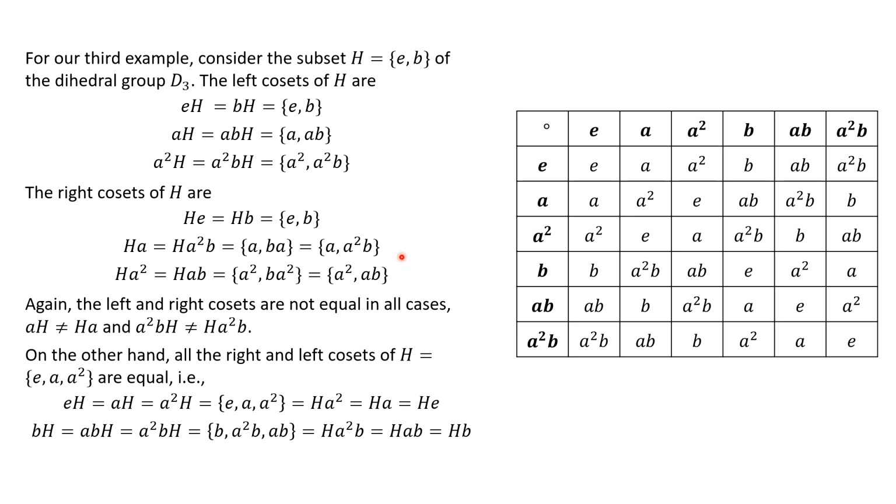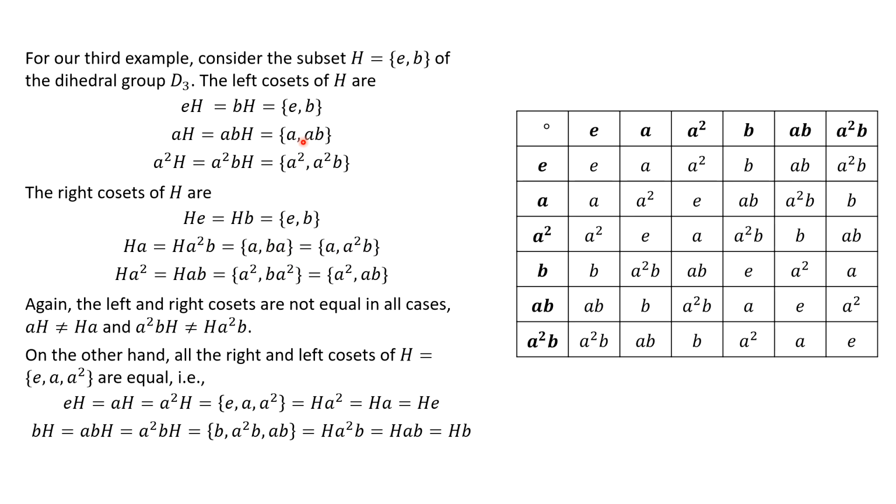And you notice that of course the coset related to the identity is always going to give you the same thing here, but the other ones are not equal. So if you have AH, for example, A times H, you get {A, AB}, but then you have H times A, and you get {A, BA}.